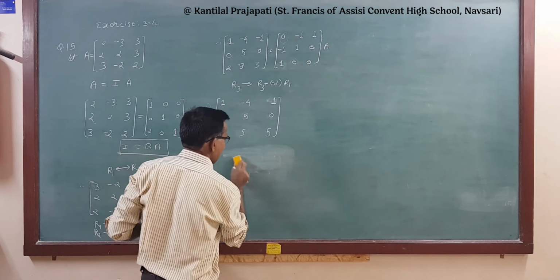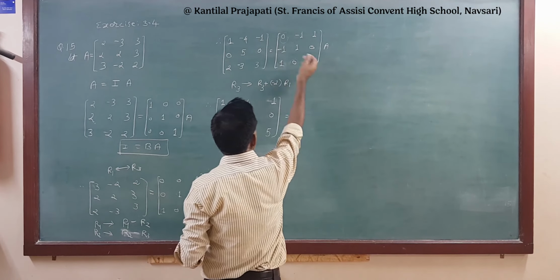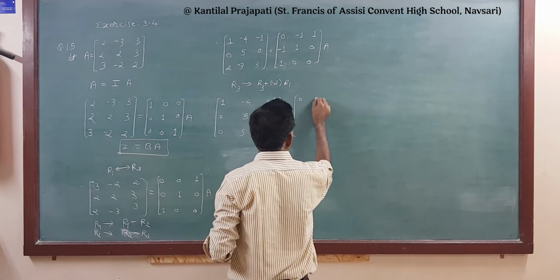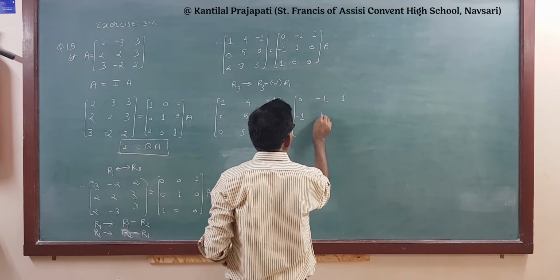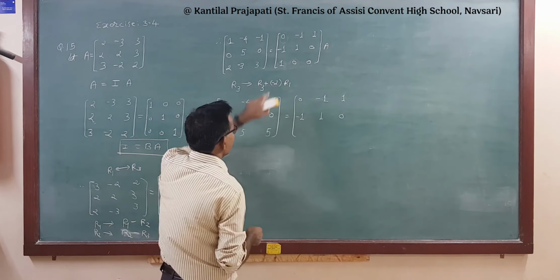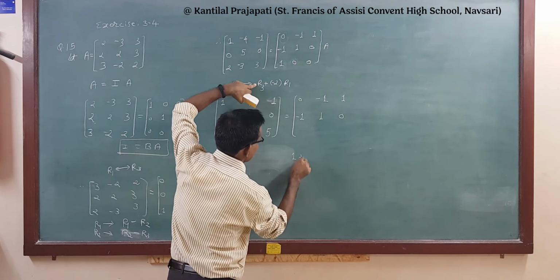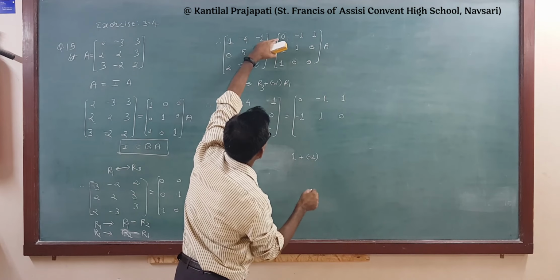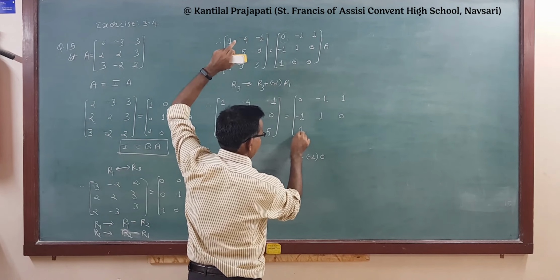The same will be applied here. The first and second rows are as they are, 0, minus 1, 1, minus 1, 1 and 0. So again we apply this, the first element in the third row, 1 plus minus 2 times the first element of the first row, which is 0. So 1 plus 0 is 1.